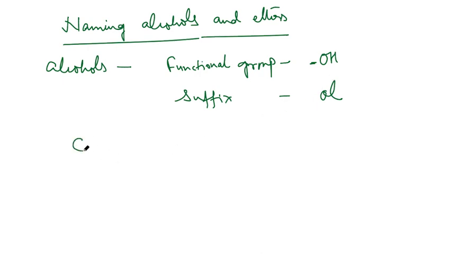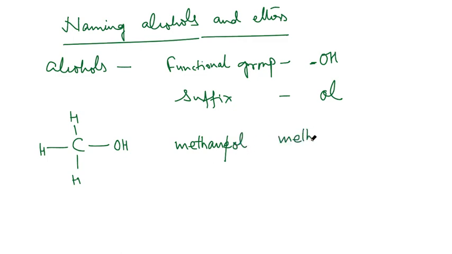Suppose it is a one carbon compound, methane, CH4. In place of one H, if I add OH, the compound becomes methanol. How to write the name of this compound? Methane. It was methane, but now we delete this E and add OL, so the compound becomes methanol.